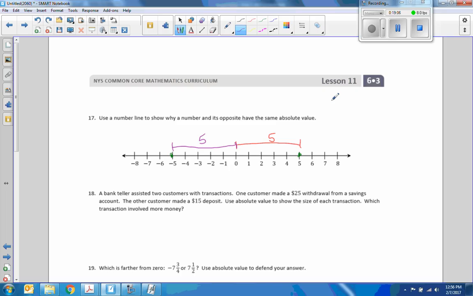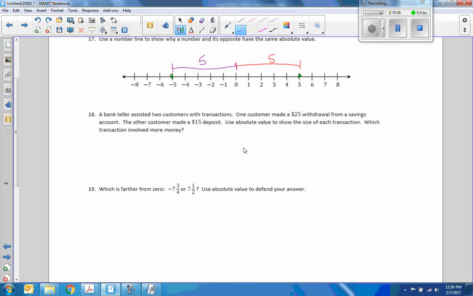Right? 18. A bank teller assisted 2 customers in transactions. One customer made a $25 withdrawal. That's -25 from a savings account. The other customer made a $15 deposit. That's positive. Use absolute value to show the size of each transaction.